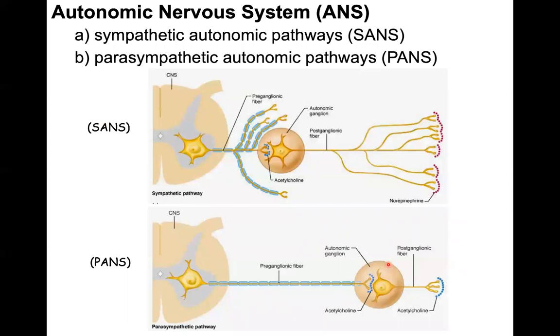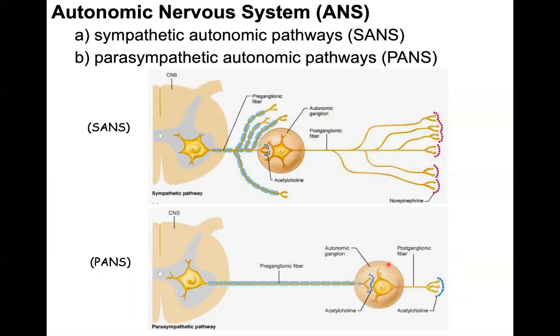The autonomic nervous system is further divided up into 2 different pathways. There's the sympathetic autonomic pathway, or SANS, and the parasympathetic autonomic pathways, or PANS. The sympathetic autonomic nervous system is that fight or flight response, and parasympathetic is rest or digest.